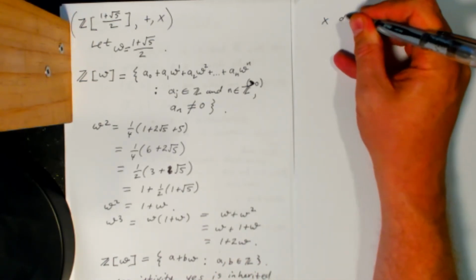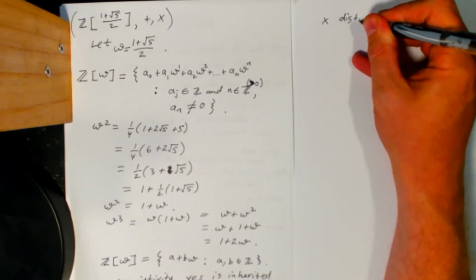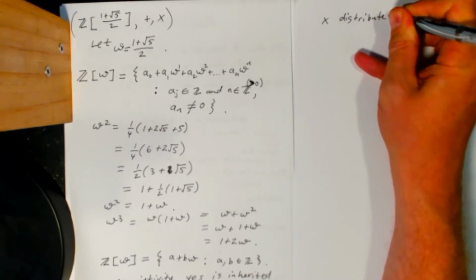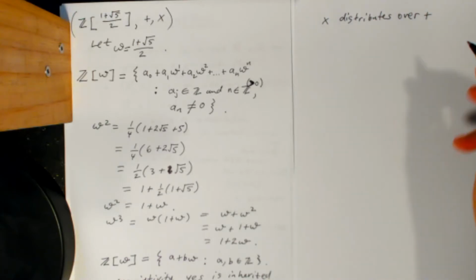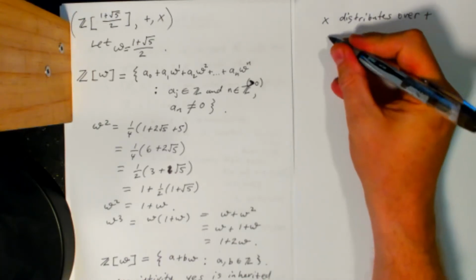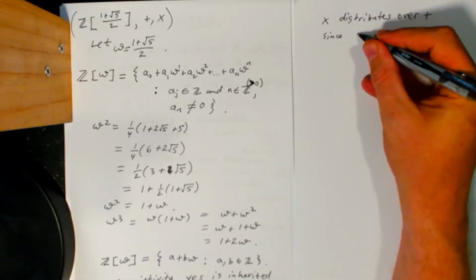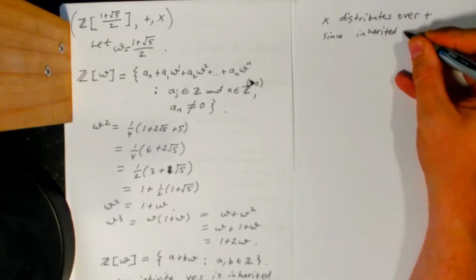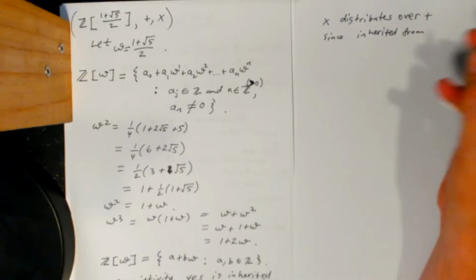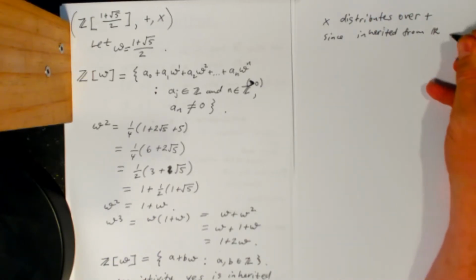So multiplication distributes over addition, since this is inherited from the same property in the real numbers, right?